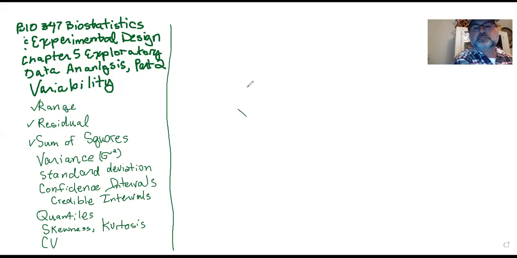And so the variance, in a theoretical or hypothetical distribution, is sigma squared. In a sample it's often called s squared. And what that is, is the sum of squares.